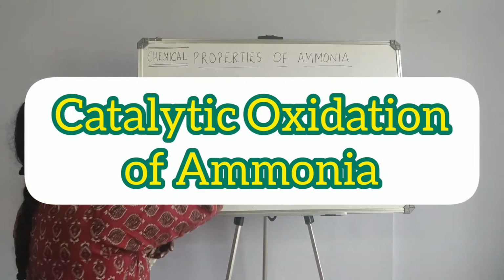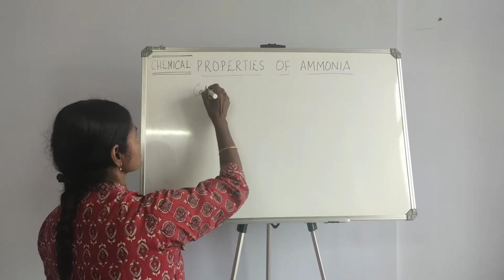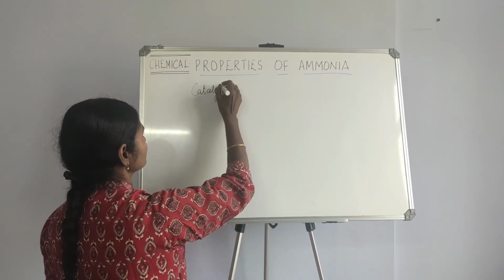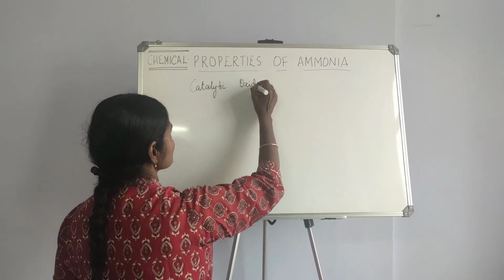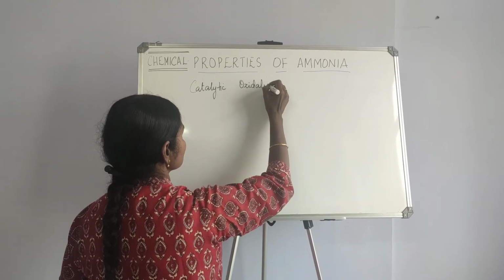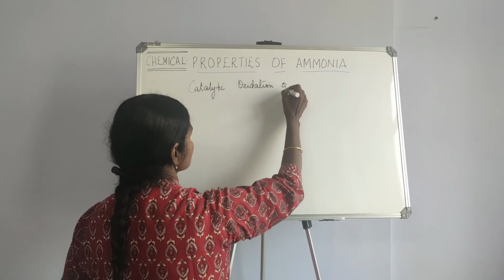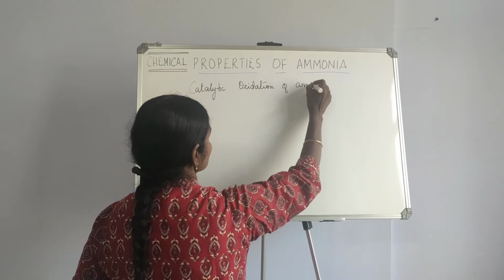Next we move on to the catalytic oxidation of ammonia. Here again, it does not oxidize by itself, but it needs a catalyst and a lot of heat.